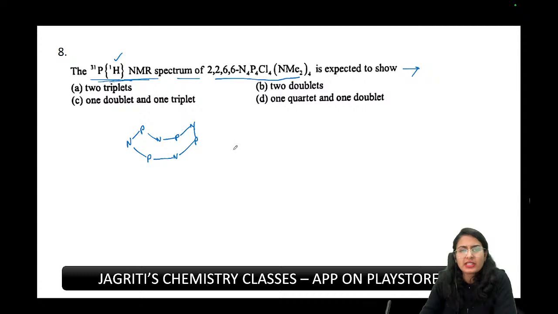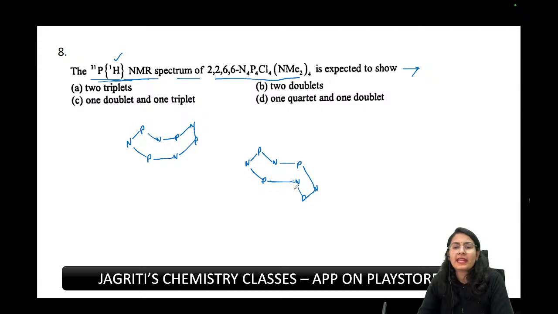It could be a structure like this, or it could be something like this. Okay, ऐसा भी हो सकता है, ऐसा भी हो सकता है, ठीक है. But we are just going to write it in a simple manner because we don't care so much about the geometry.